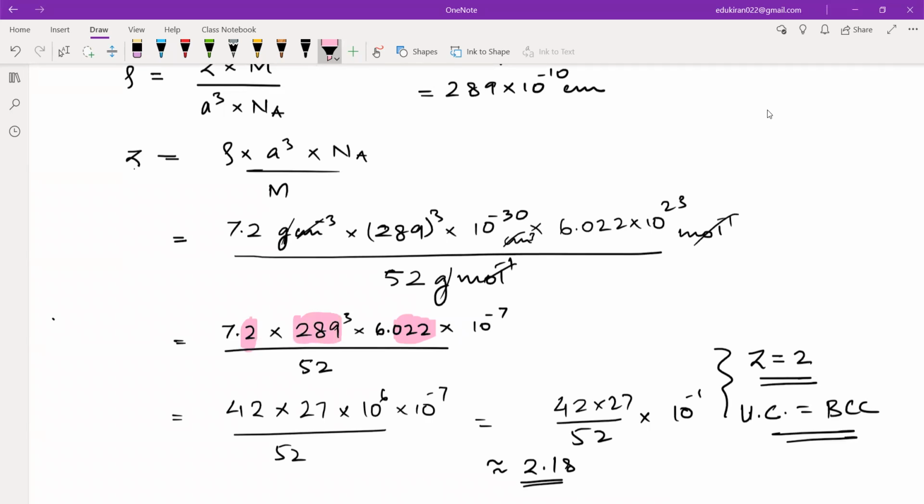Rather than taking 289, I took 300 to make it easy. So in these cases you can do approximations. But please remember, whenever you are rounding off, you round off to the nearest whole number. Round off correctly. Do not take this as 200. You should take this as 300 whenever you are approximating.